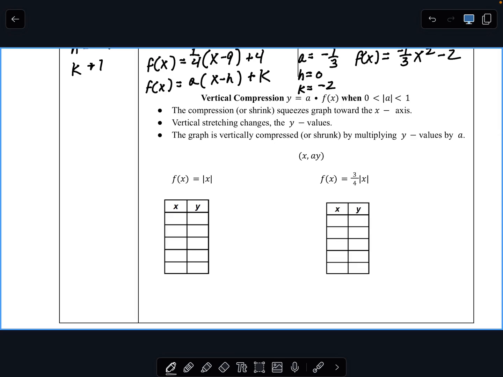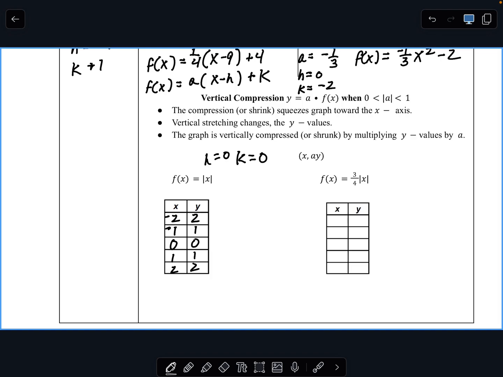So I'm going to start with 0 here because my h is 0 and my k is 0 with this parent function. So then I'm going to figure out negative 1, negative 2, 1, and 2. All right, great. So I have 1, I have 2. Absolute value of negative 1 is 1. Absolute value of negative 2 is 2.